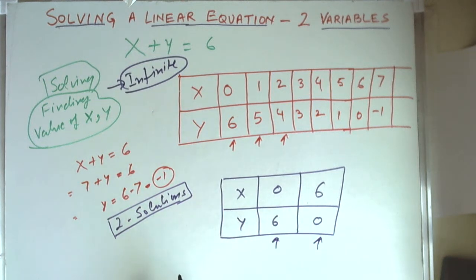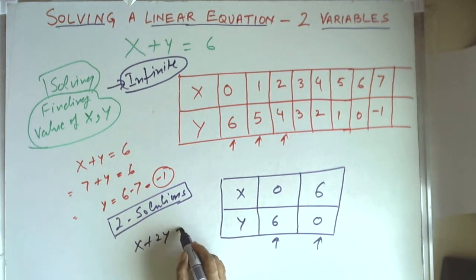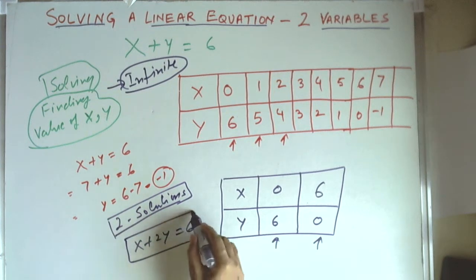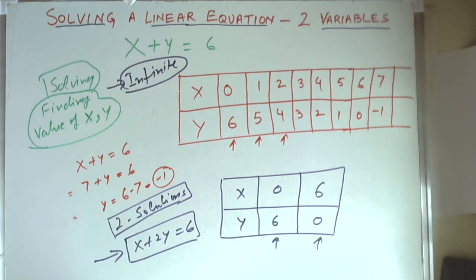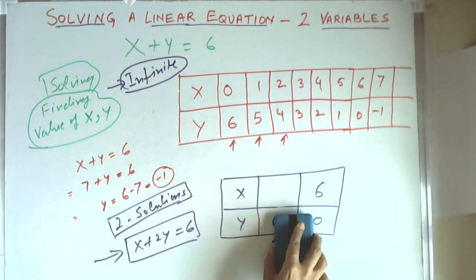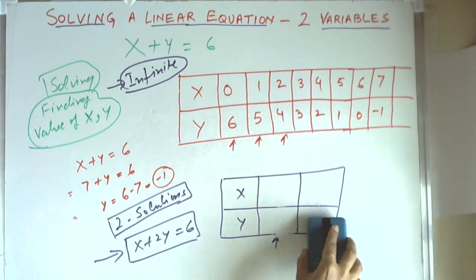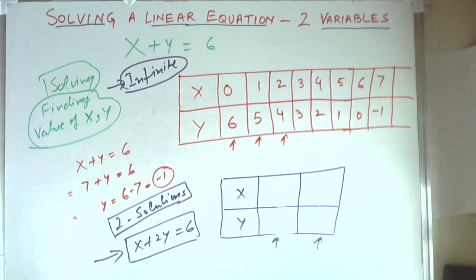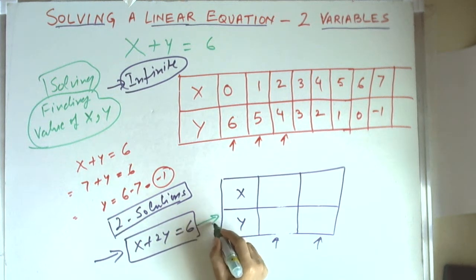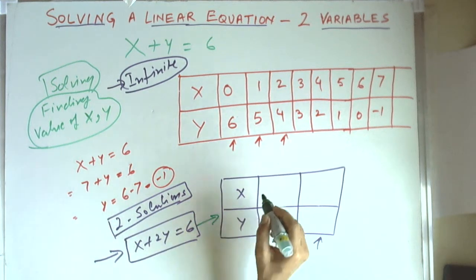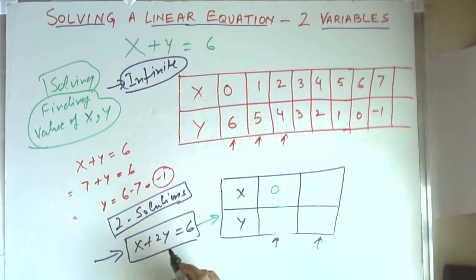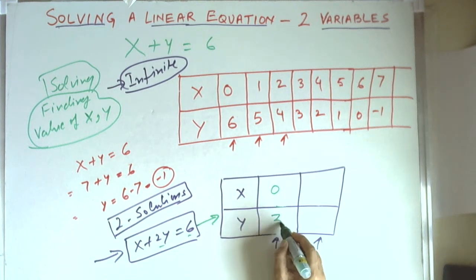So let us take one more example, x plus 2y is equal to 6. This is another linear equation we are taking, and suppose we want to find a quick solution. So for this one, a quick solution will be: x is 0, then 2y is equal to 6, so that means y is equal to 3.